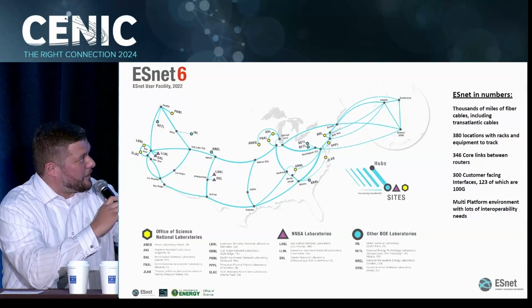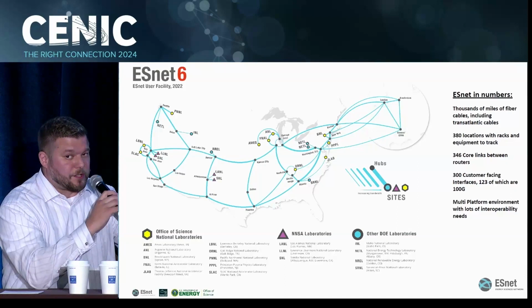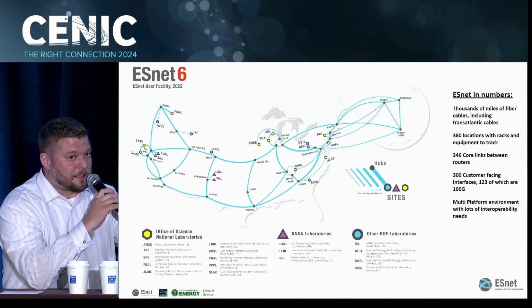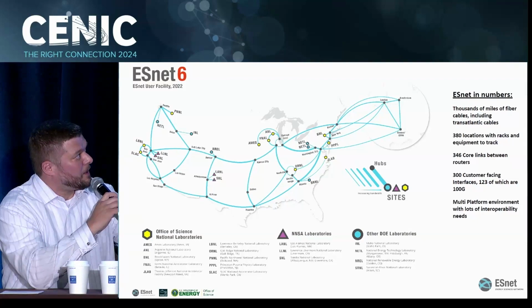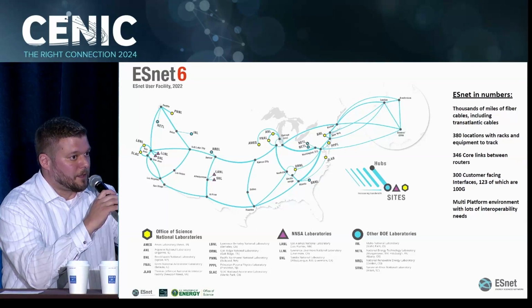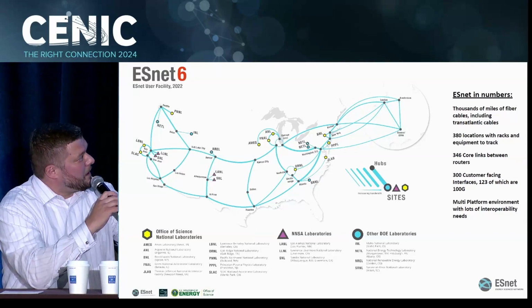We have equipment in 380 locations, mostly across the continental US, as well as in some satellite sites in Europe. This is also where one of our biggest upstreams is coming in. That's basically from the experiments they do at CERN, at the LHC.